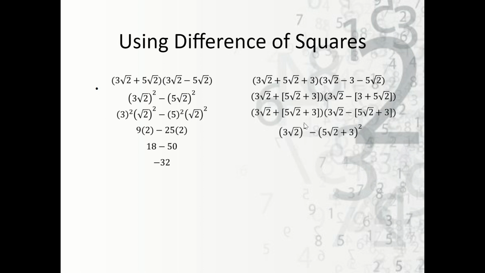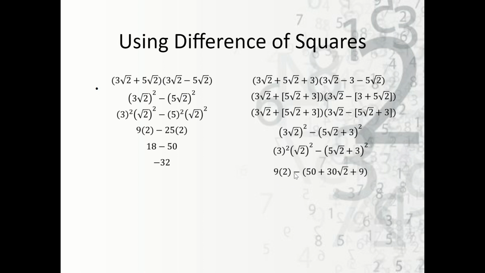So we can rewrite this as 3 square root of 2 squared minus 5 square root of 2 plus 3 squared. So now we can go ahead and multiply this out. We're going to say 3 squared and square root of 2 squared. And then here we have 5 square root of 2 plus 3 squared. Now with this, we're going to have to actually FOIL it. And when we do that, we get 9 times 2 minus 50 plus 30 square root of 2 plus 9.